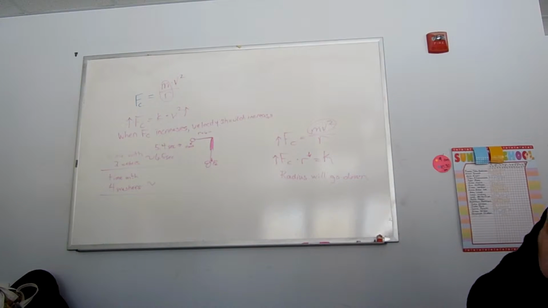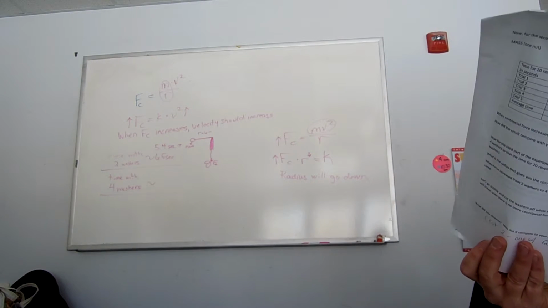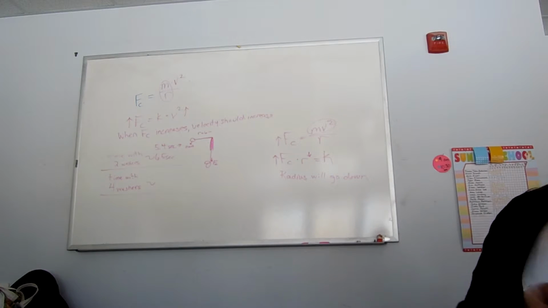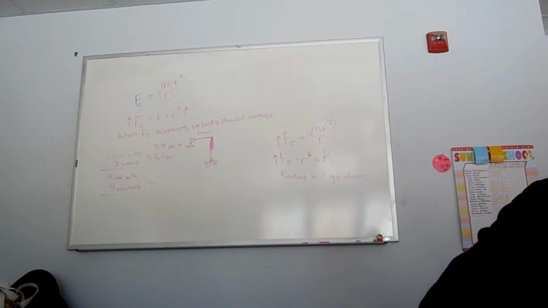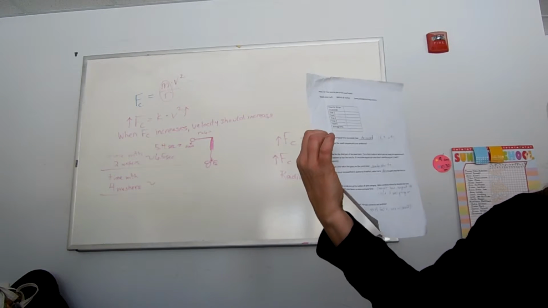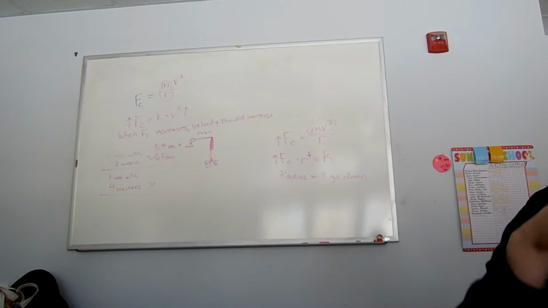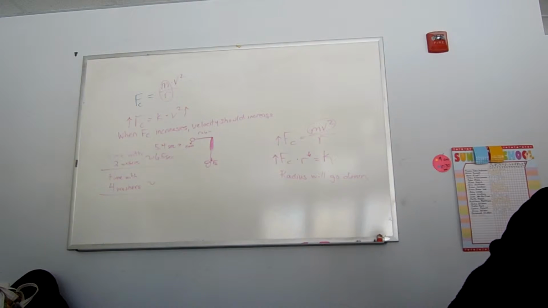Okay, so let's turn over to the back page. Okay, so on the back page, you guys filled out the first chart, right? And you got your time, but it says, right below the chart on the back page: when centripetal force increased, what happened to time?